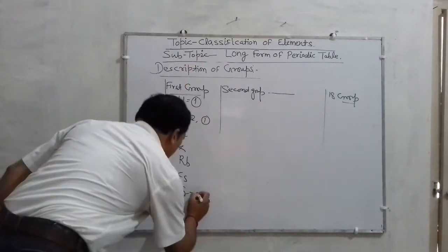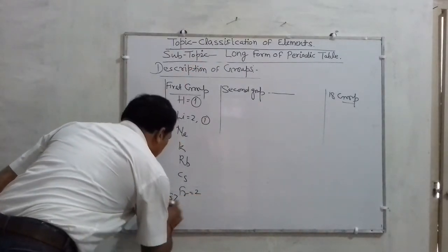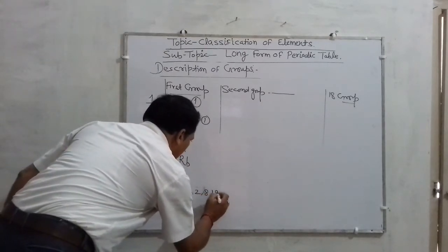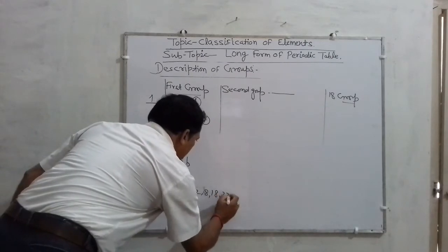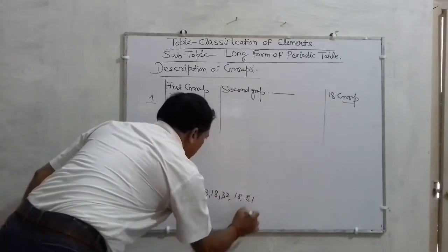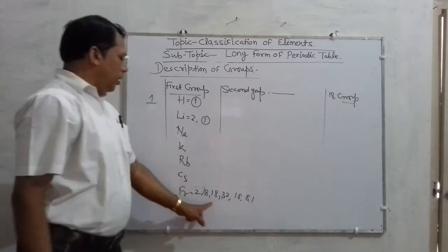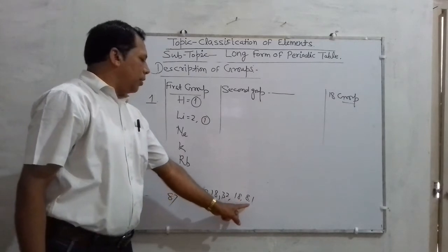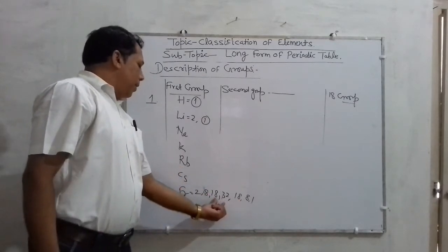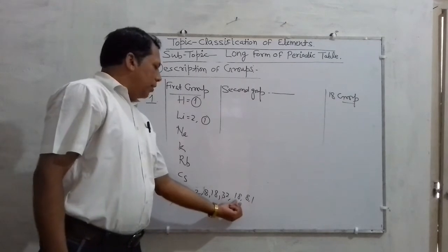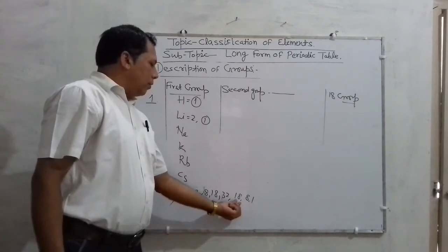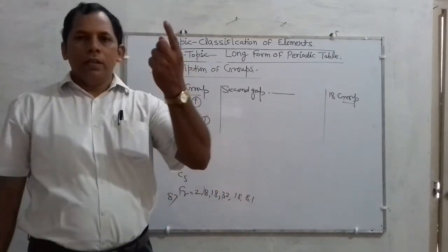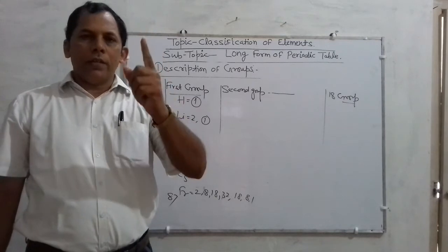Suppose we represent francium, whose atomic number is 87. According to the Bohr-Bury scheme it is written as 2, 8, 18, 32, 18, 8, 1. Count: 2 plus 8 is 10, plus 18 is 28, plus 32 is 60, plus 18 is 78, plus 8 and 1 is 9. 78 plus 9 is 87. Am I correct, students?